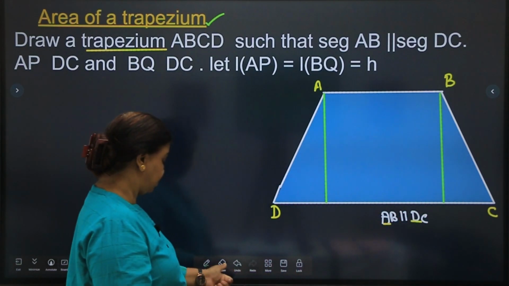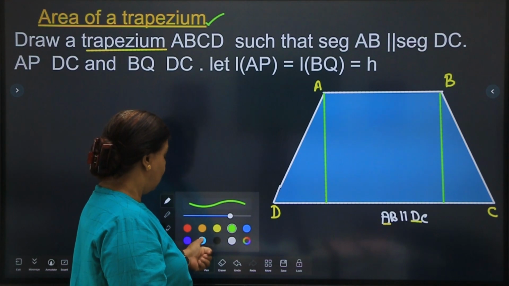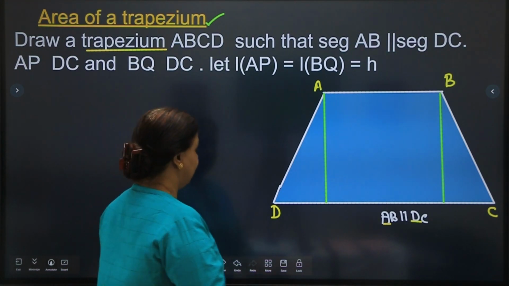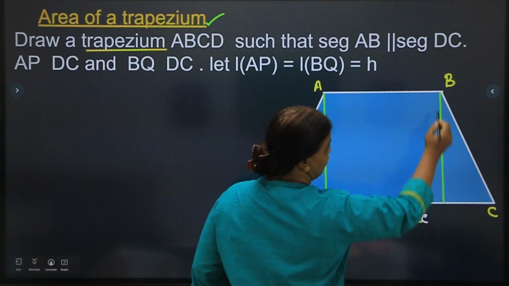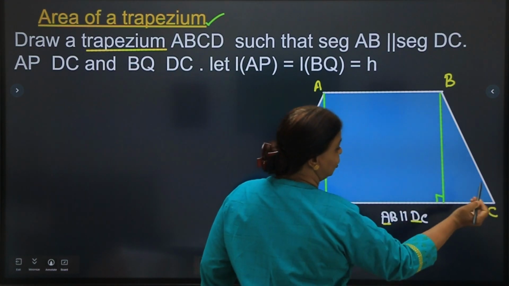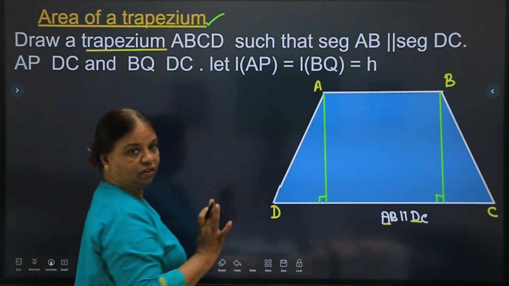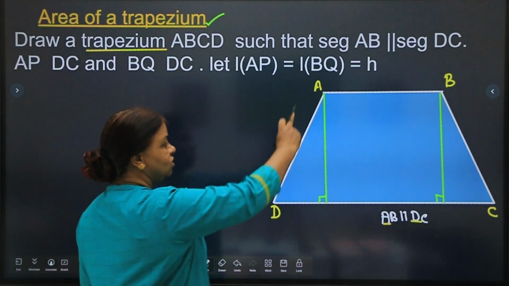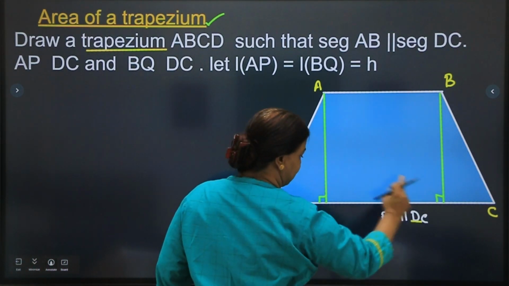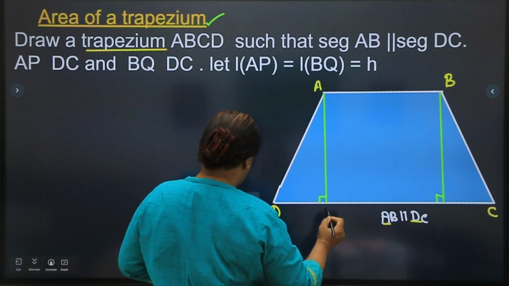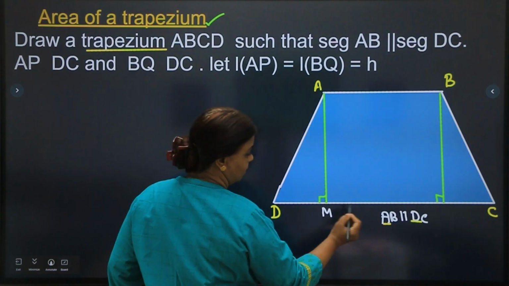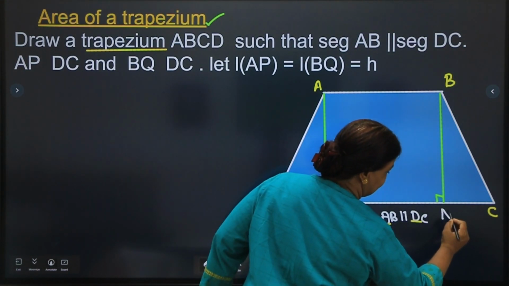Clear? Now this line perpendicular to DC and this line perpendicular to DC we have drawn. Fine. This is nothing but the height of the trapezium. So let me label this point as M and this point as N.